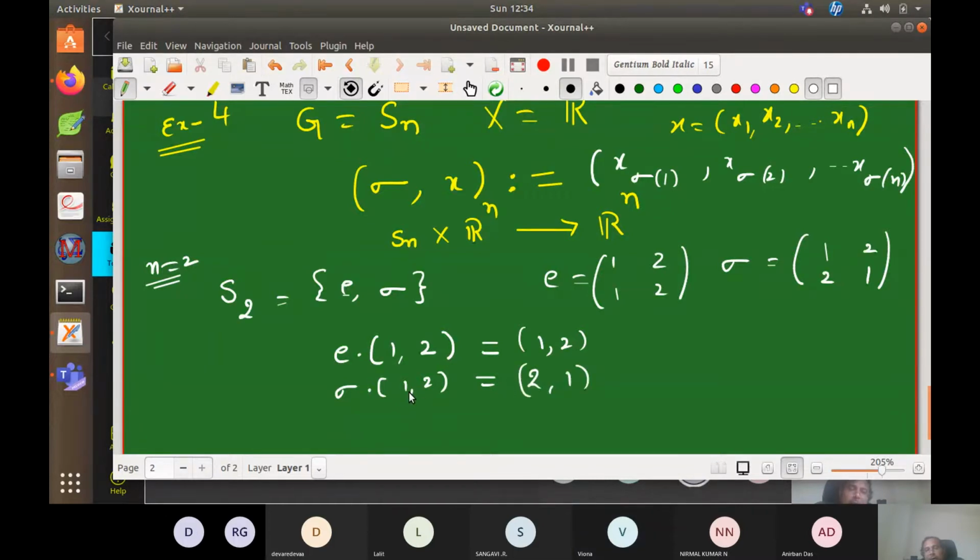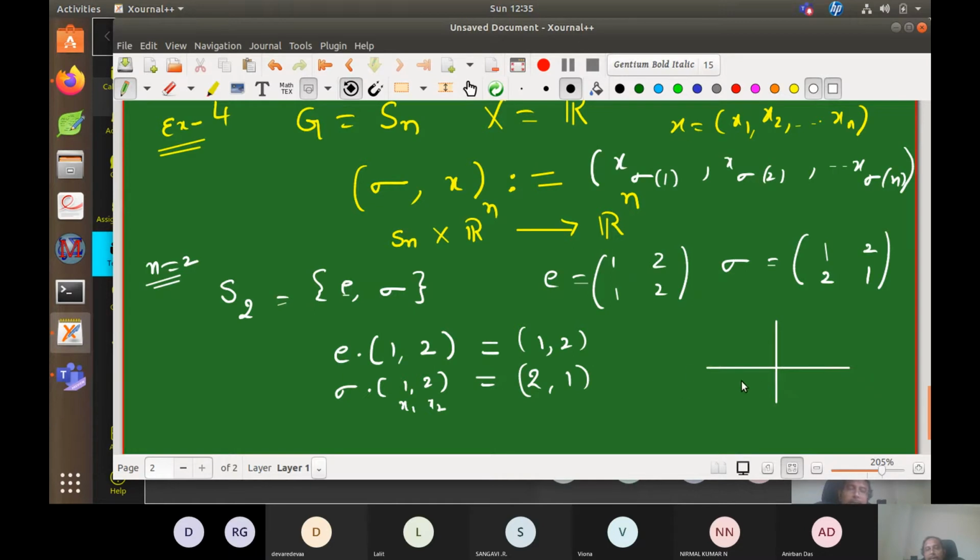So here x1 is 1, x2 is 2. Now sigma of 1 is 2, sigma of 2 is 1, so that's why they interchanged. If I take S2 acting on R2, what is it doing?